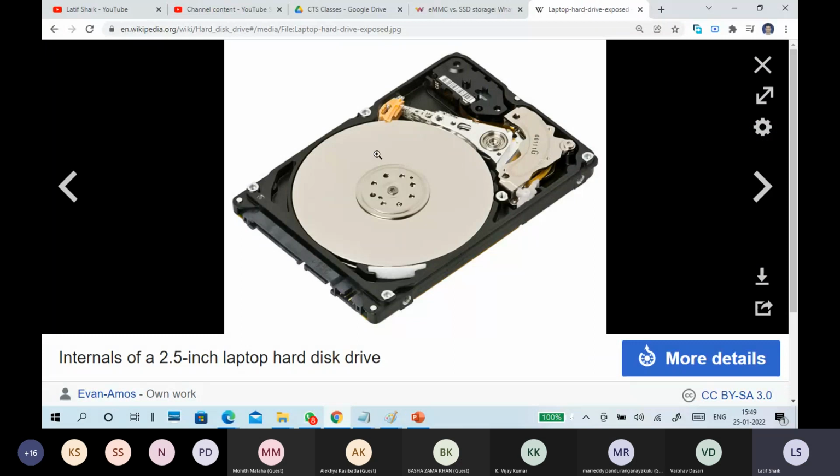It looks like a platter. It is made up of an aluminum alloy disk with a magnetic coat. And here the actuator arm is there, and the actuator head, and there is a permanent magnet. So this head will move inside to outside, and it reads the data and writes the data.